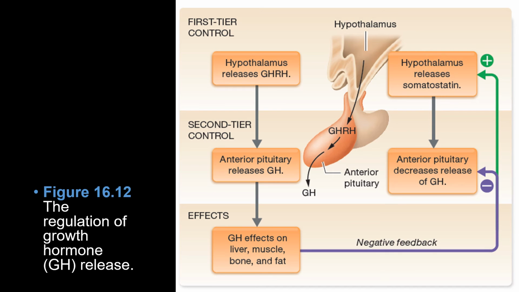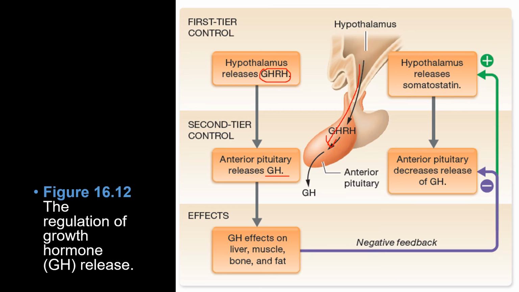So here you see the release and regulation of growth hormone, stimulated by the hypothalamus releasing GHRH, growth hormone releasing hormone, which travels to the anterior pituitary. Anterior pituitary releases growth hormone.